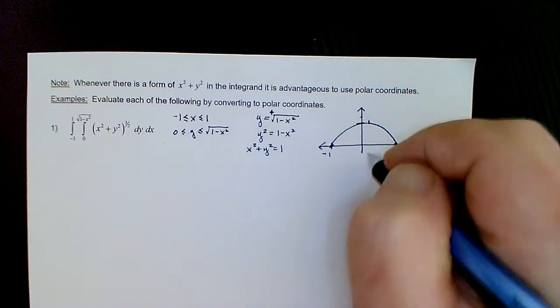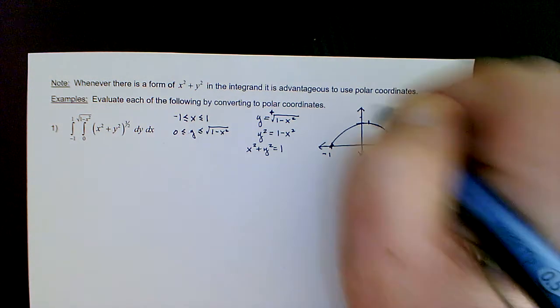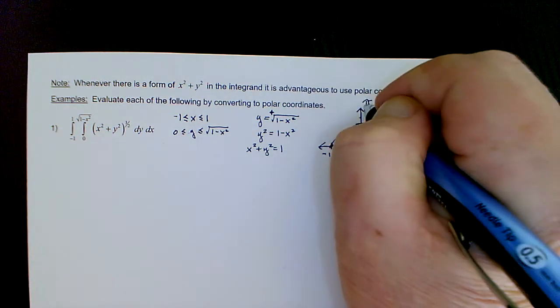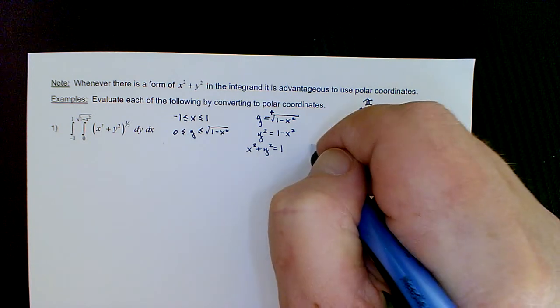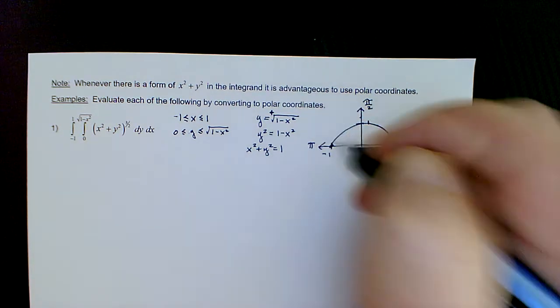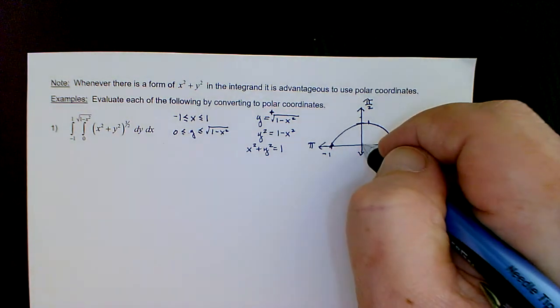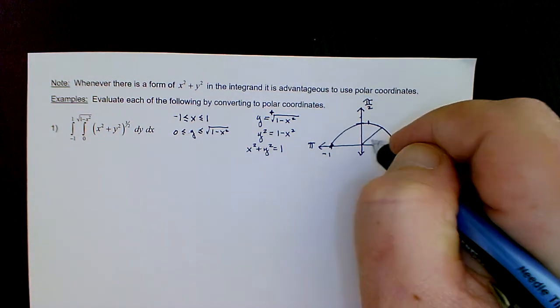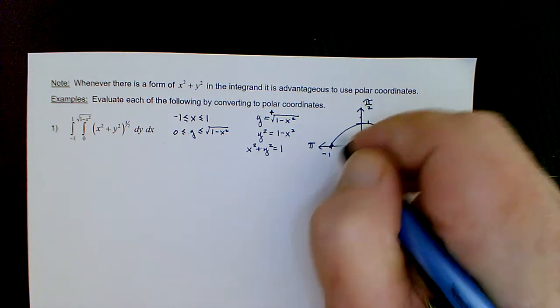But we want to convert this to polar coordinates, so we consider the positive x-axis is 0, positive y is pi over 2, and the negative x-axis would be pi. And we're taking a little radial strip here, to get this entire region.